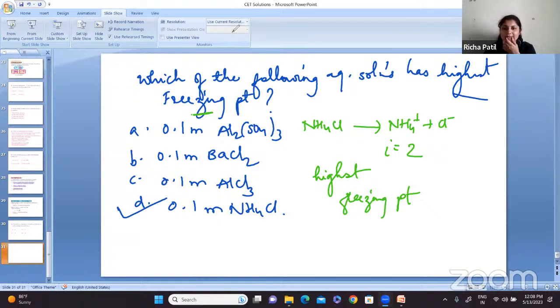Okay, understood. So for freezing point, the lesser the number of particles, the higher will be the freezing point. Okay, next.